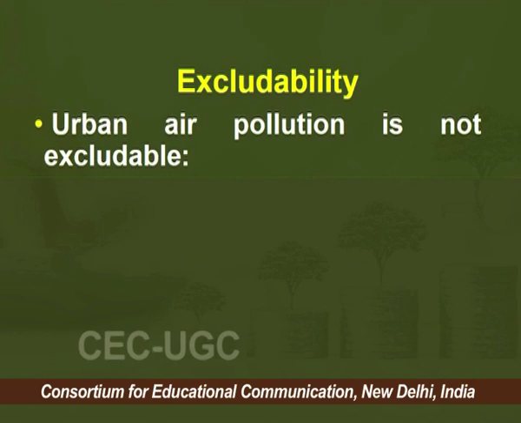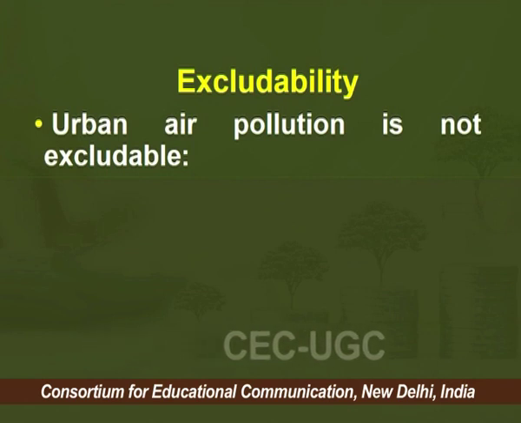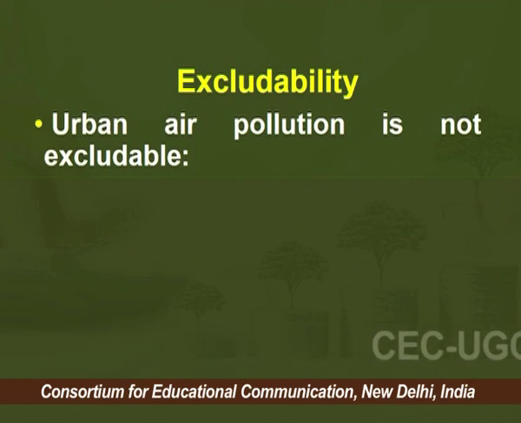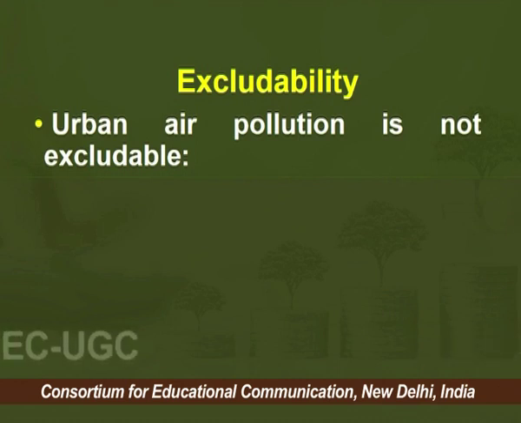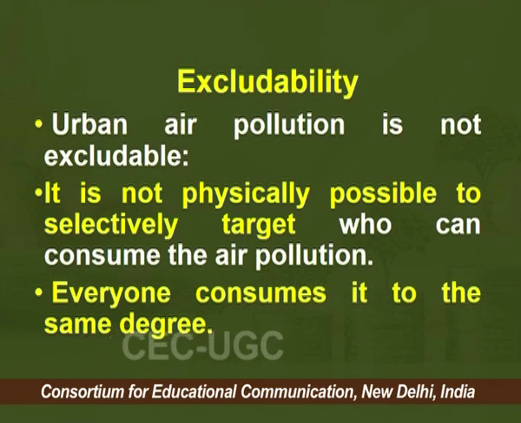Similarly, a similar example can be seen in air pollution. Air pollution is considered a bad entity. Urban air pollution is not excludable. It is not physically possible to selectively target who consumes the air pollution, because it is all around the ambience.